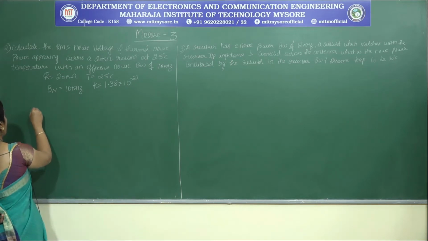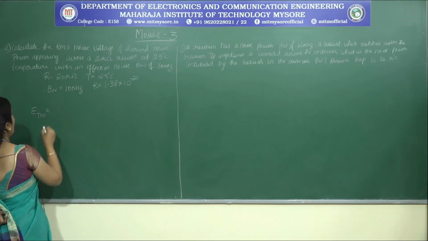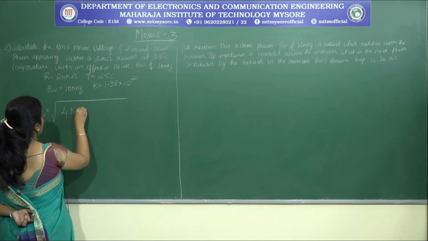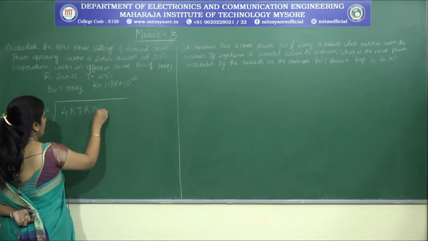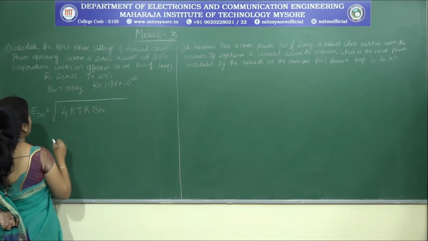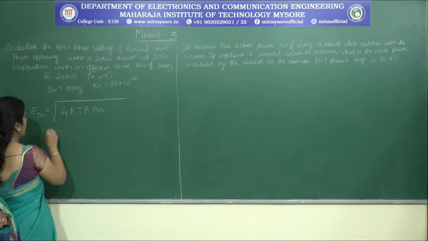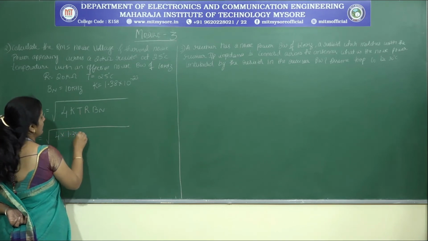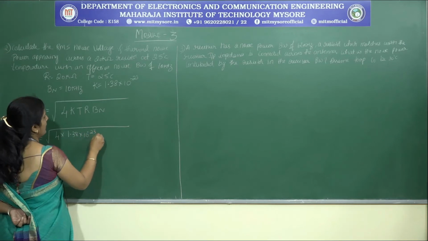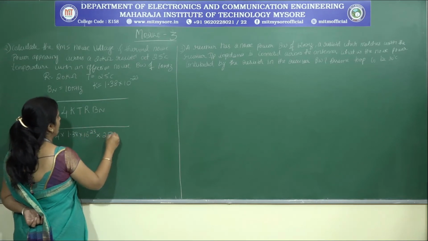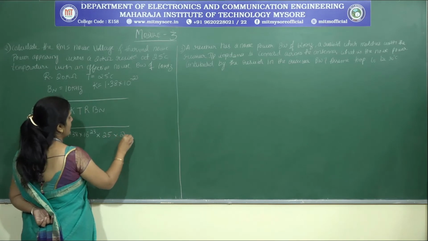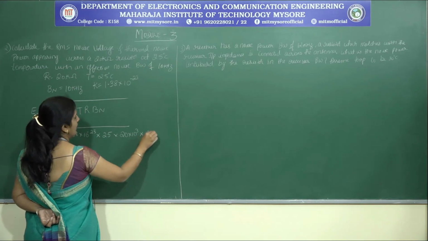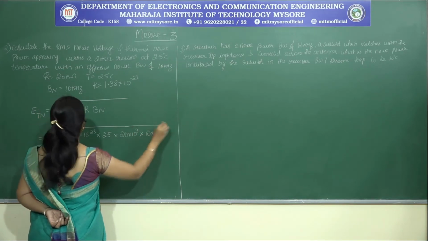We know the formula for ETN, the thermal noise voltage equation, that is square root of 4 into K T R into Bn. Putting in the given terms, that is 4 into 1.38 into 10 power minus 23 into the temperature 25 into the resistor 20 into 10 power 3 and the bandwidth 10 into 10 power 3.